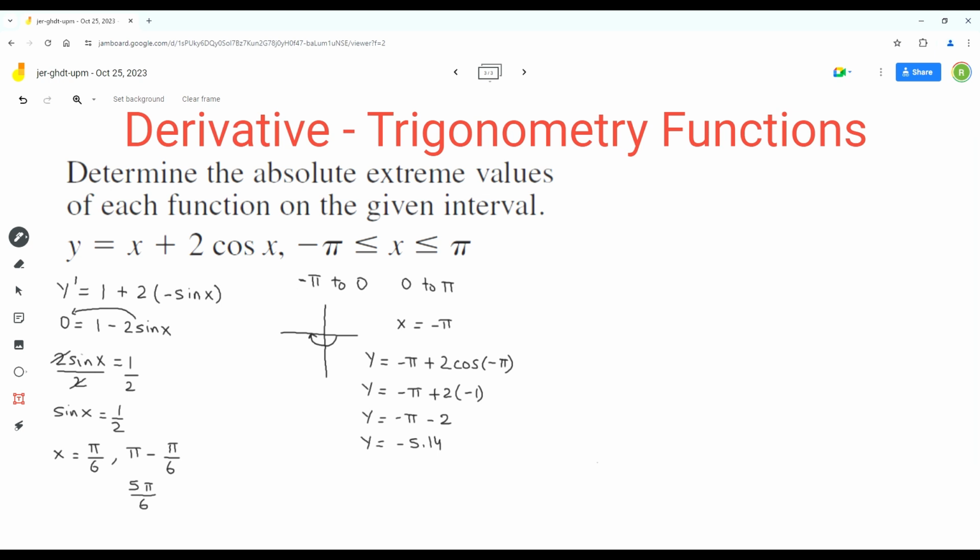Now we can sub in x as pi over 6 in the function. So we get cos of pi over 6 is equal to square root of 3 over 2.